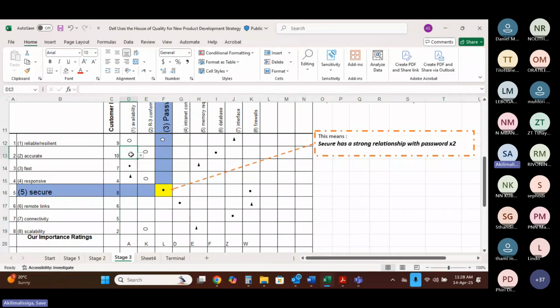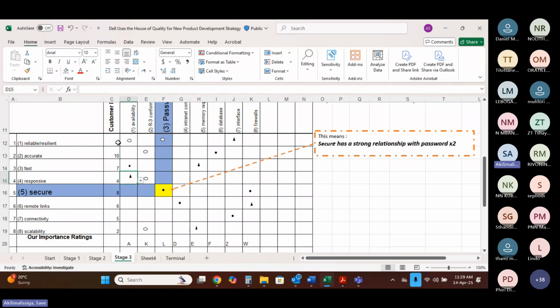By considering the symbols, you also need to consider the customer importance ratings on the side. So it's all about multiplying. Where there is no symbol, you don't need to take that space into account, so you just ignore it. Our calculations will be based on where the symbol is, here and here. The rest, we don't care.